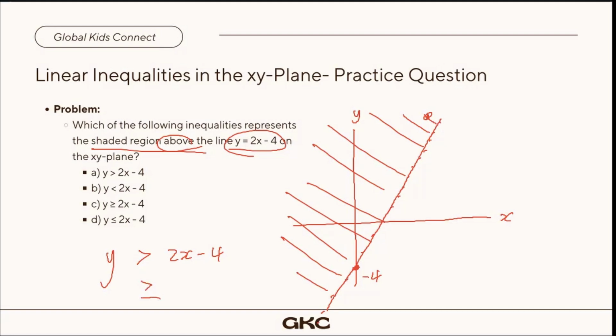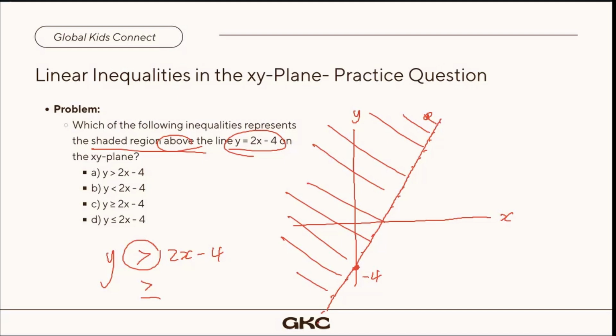In cases of context questions like this one, where it talks about a region that is above the line, it usually means that it does not contain the line itself. And so it will be a greater than instead of a greater than or equal to. If the answer was to be greater than or equal to, the question itself would state, for example, which of the following inequalities represents the shaded region that is above and also including the line?